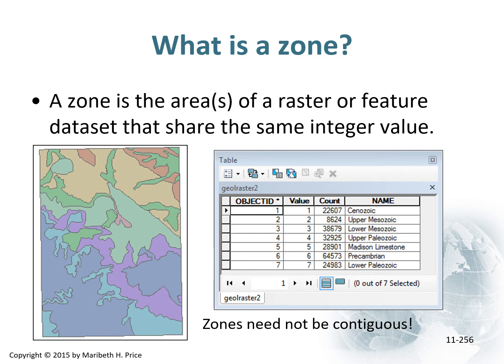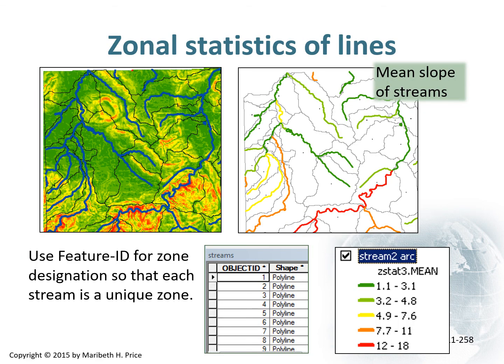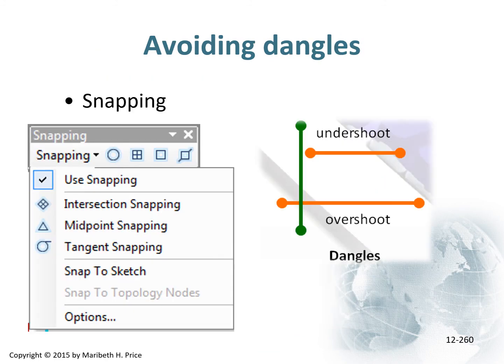So here we have zones, there's the polygons. Zonal statistics, we're here in an example, watersheds, trying to figure out what's the average slope in a watershed. Takes the slope of the watershed, calculates from it, gives you the output. There you go. You can do it for lines as well, and it works for points.